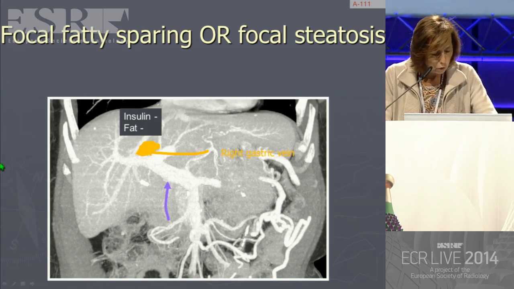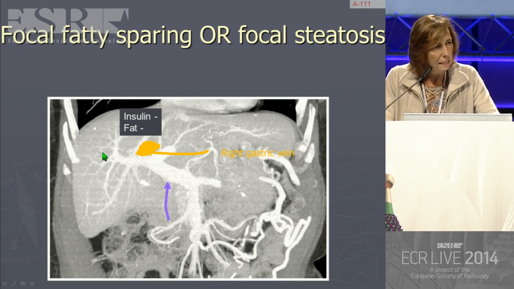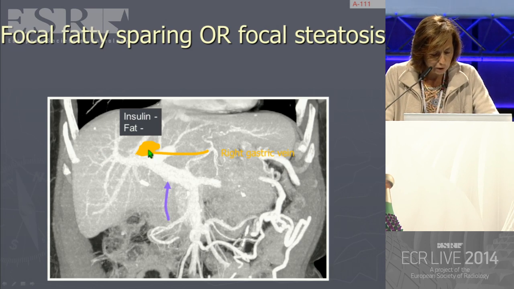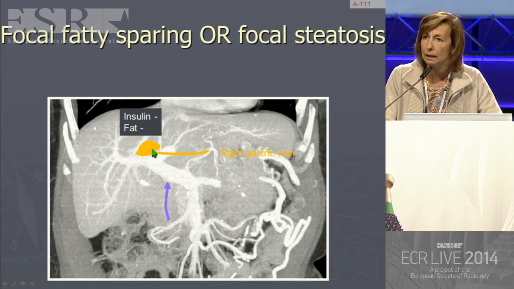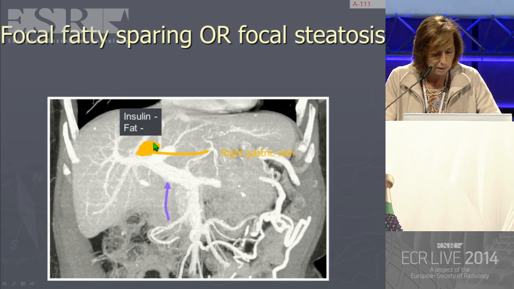Okay. So if the patient has liver steatosis, and if this vein drains directly within the liver, it means that there will be here a focal fatty sparing.